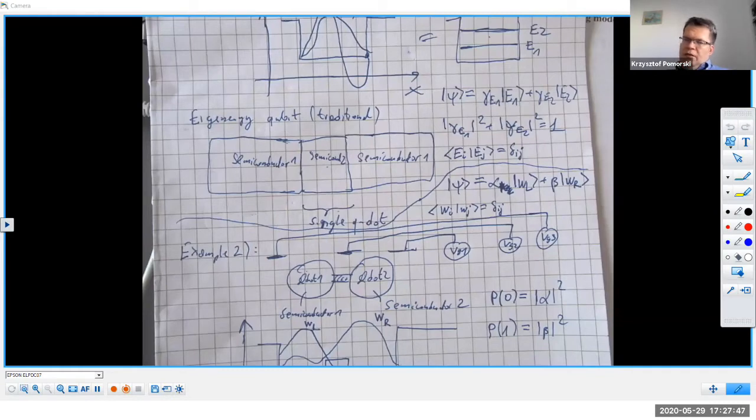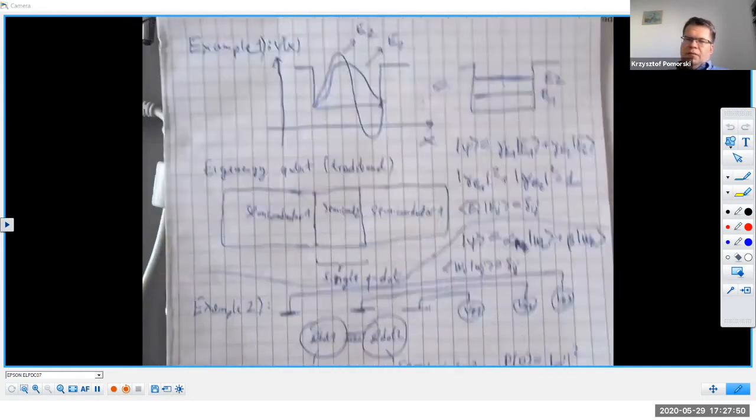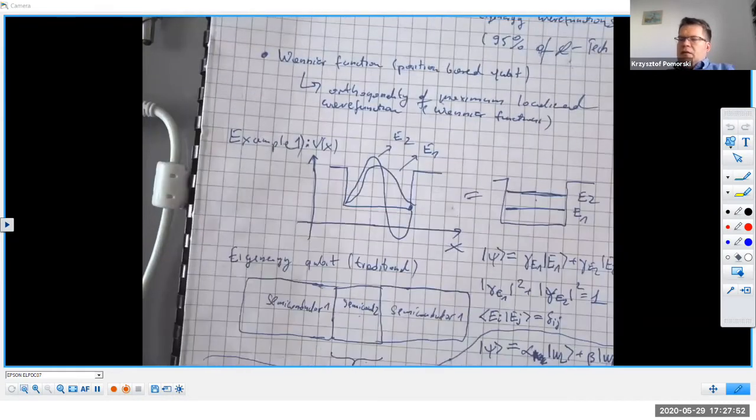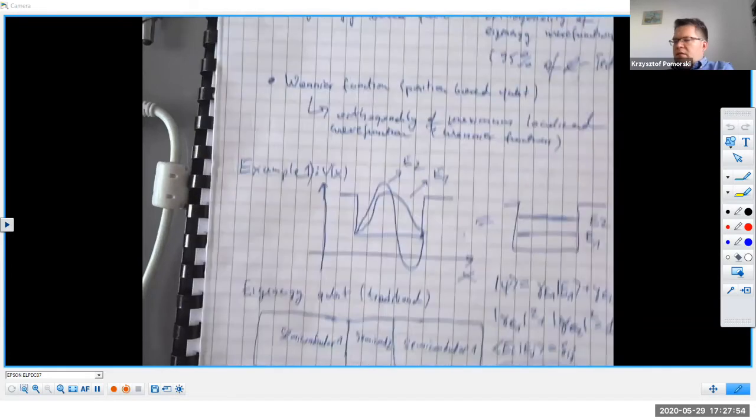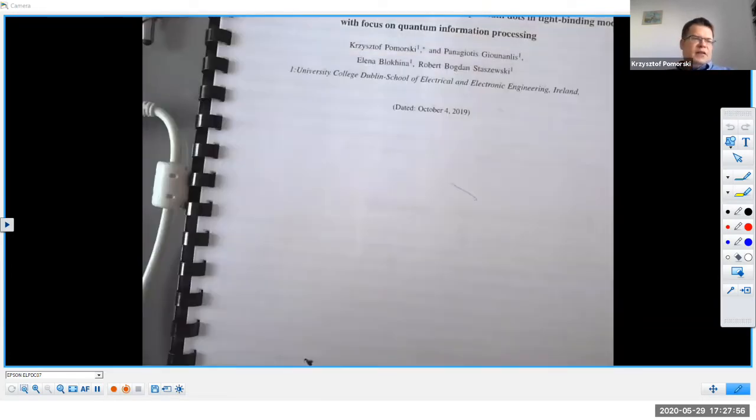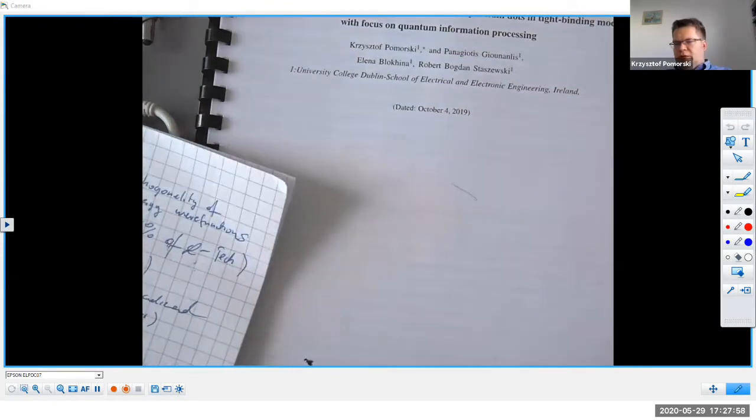So how is this translated to semiconductor physics further?